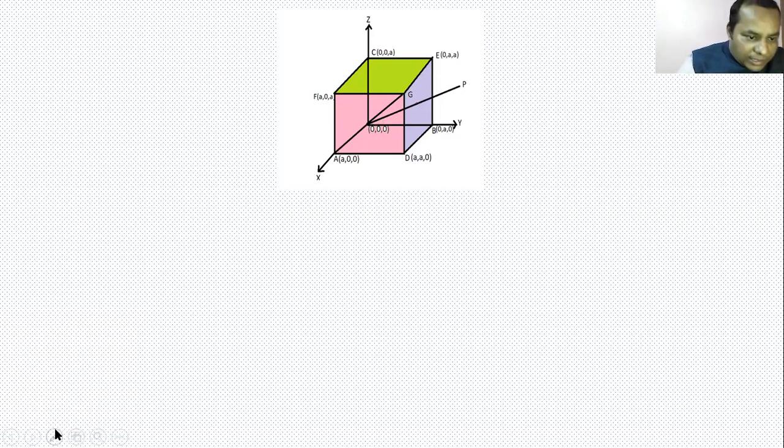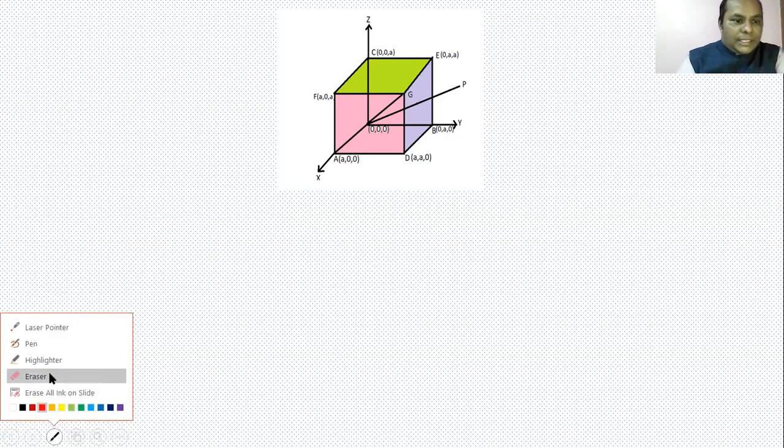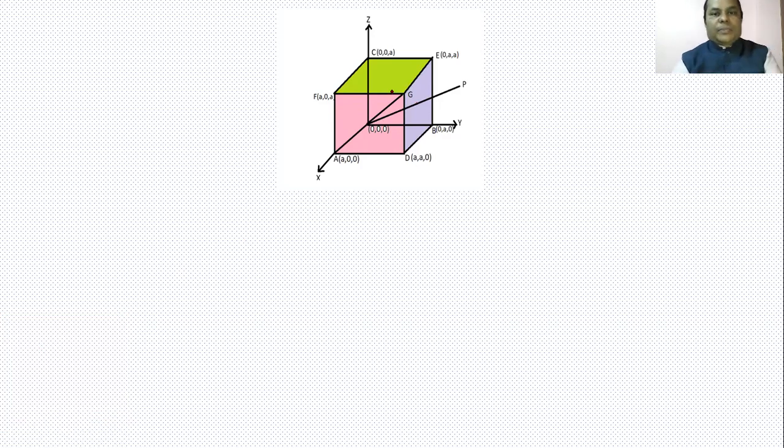A line, let's see there, one pen. A line means actually we can see here OP is one line. This line makes an angle from here to here. It is alpha, okay?